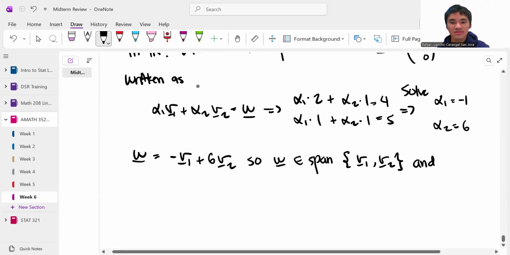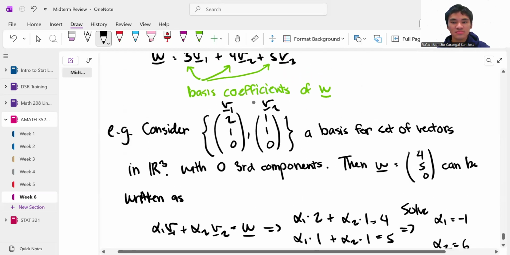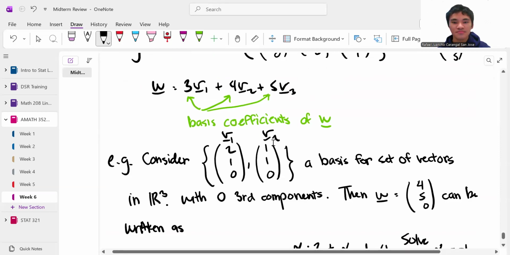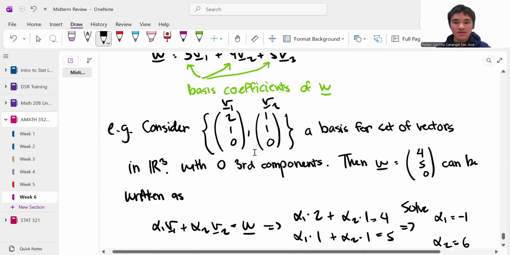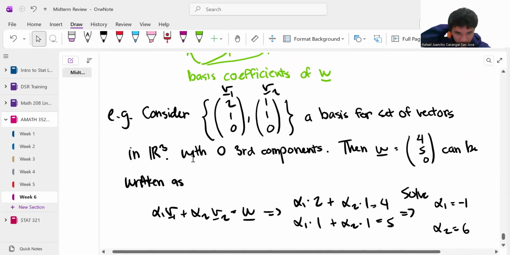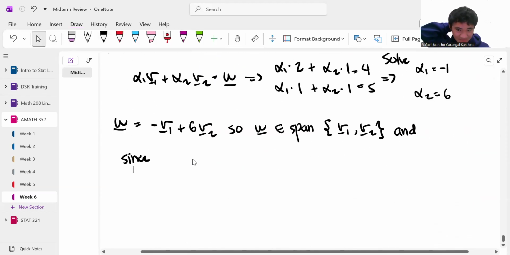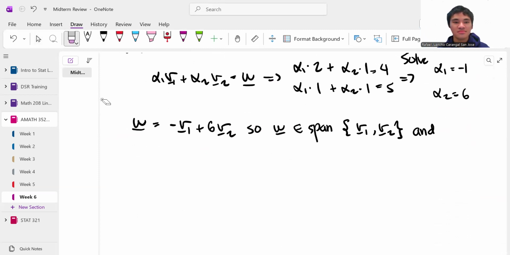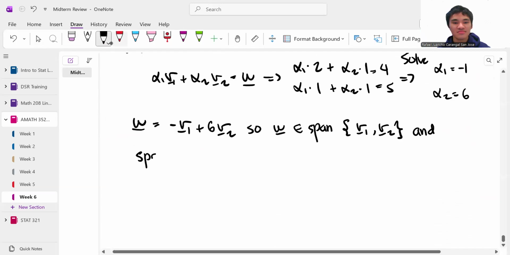And since they already are bases, W is part of that span.